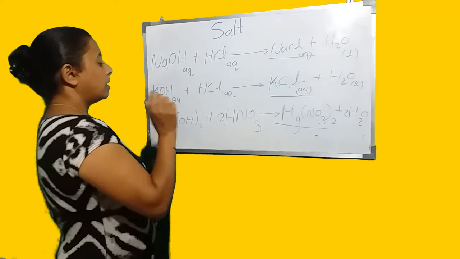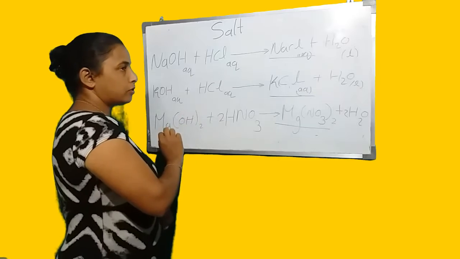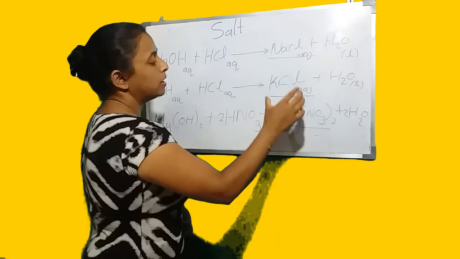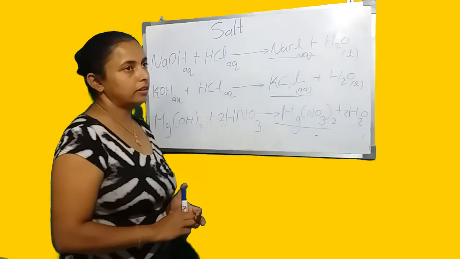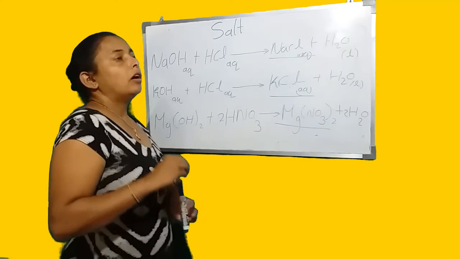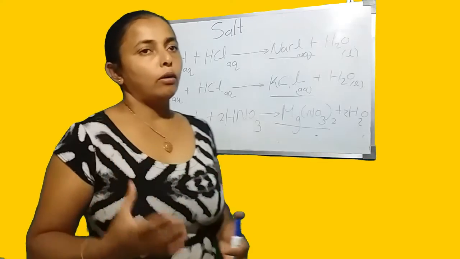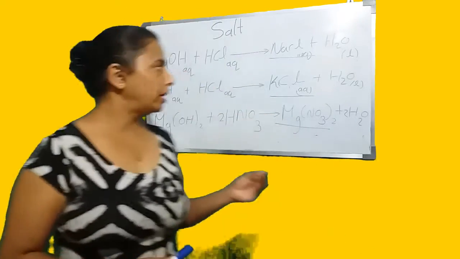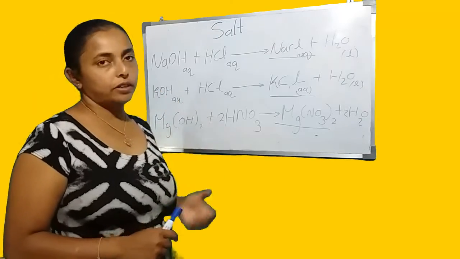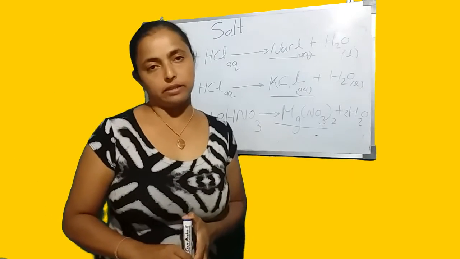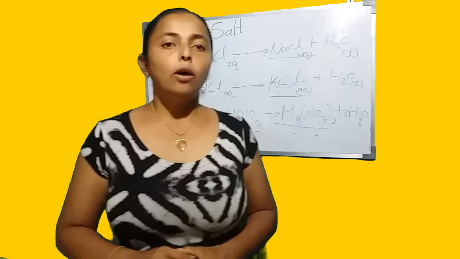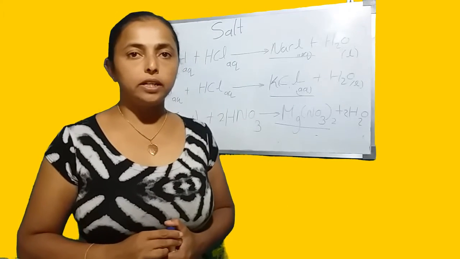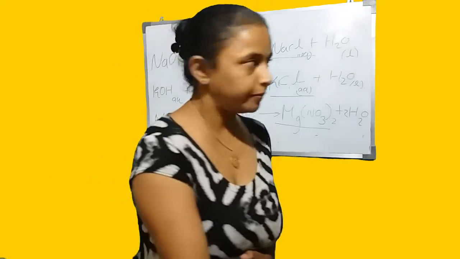Then if base is strong and acid is weak, the salt is basic. Right. Then the salt is produced by the strength of the acid or the base. Right. Then what are the properties of salt?